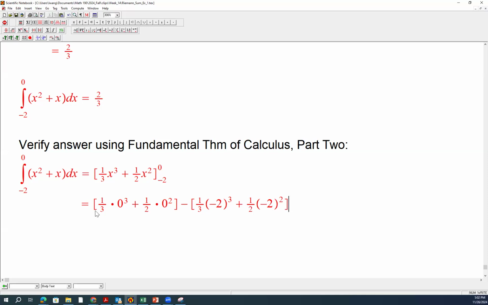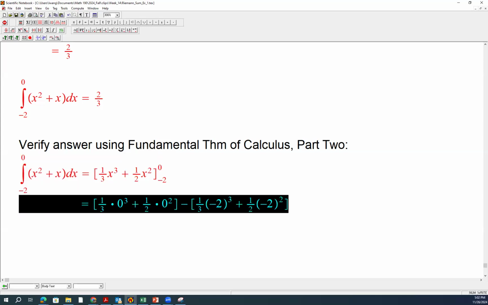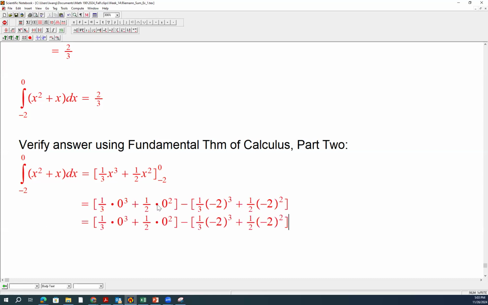All right, and of course, the first part is going to be 0, right? Gone. So we're going to work with the inside of this bracket. -2 to the power of 3, that's going to be -8, right?